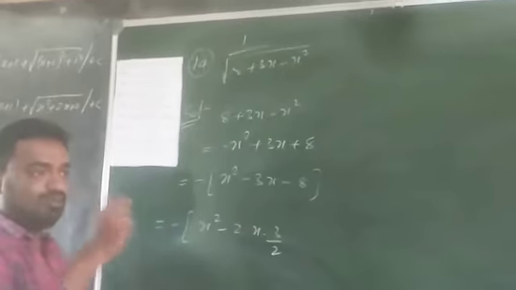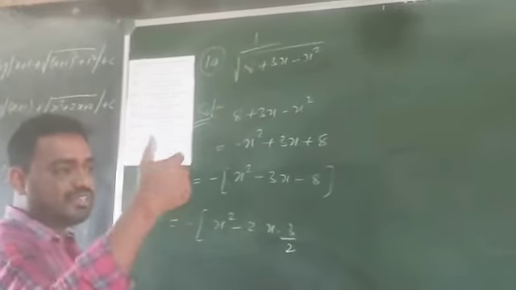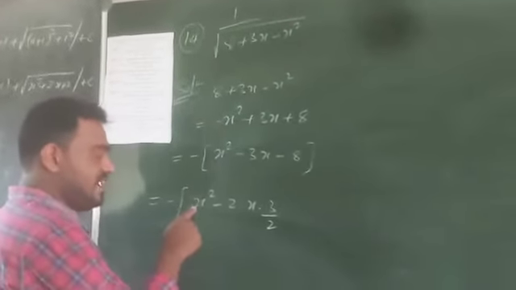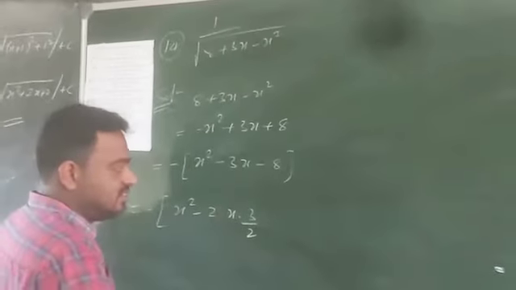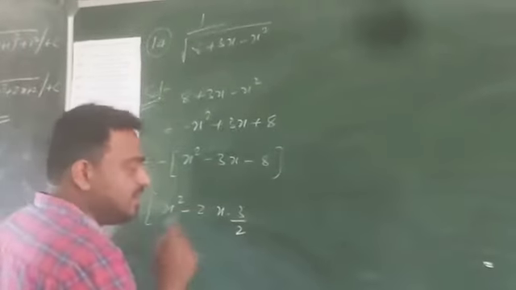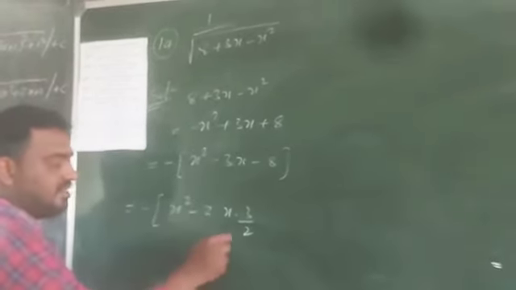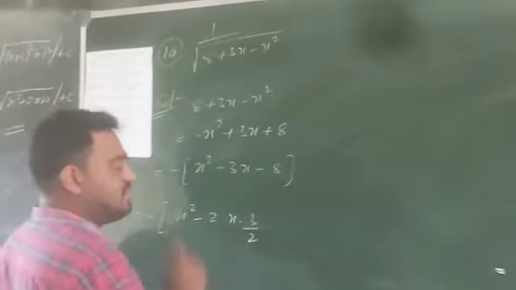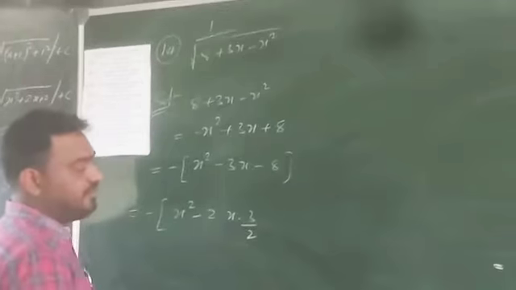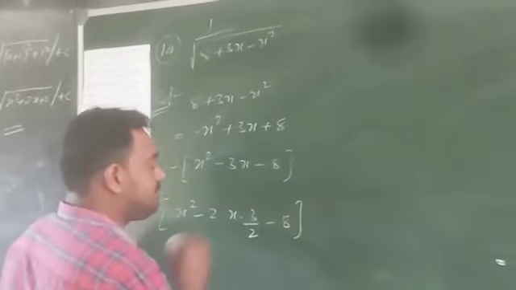First 2, then a, next b we write. So first I have written 2, next a is x here, and the remaining is 3 by 2. By cancelling the 2, we get 3x, simply multiplying and dividing with 2, minus 8.